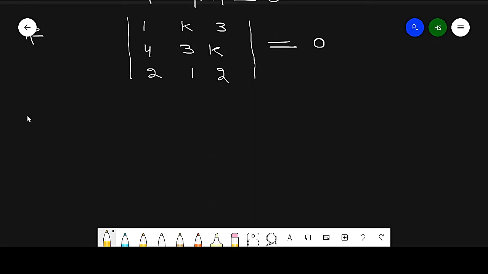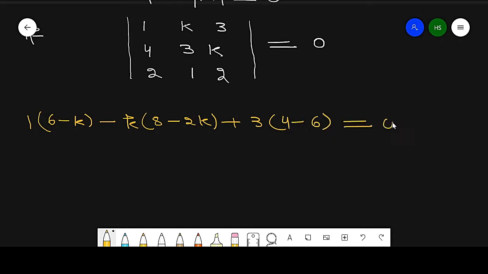We get this equal to 1 into (6 minus k), minus k (8 minus 2k), plus 3 (4 minus 6) equal to 0.